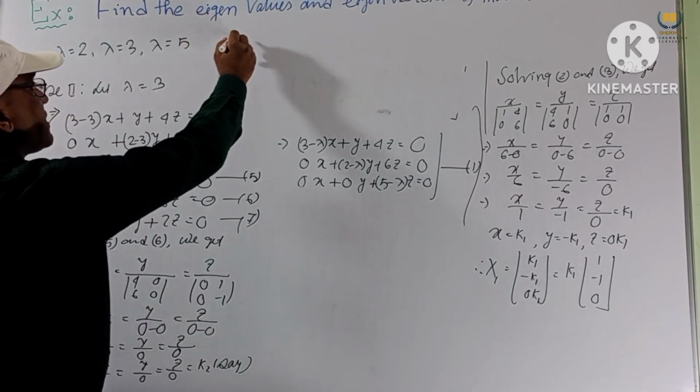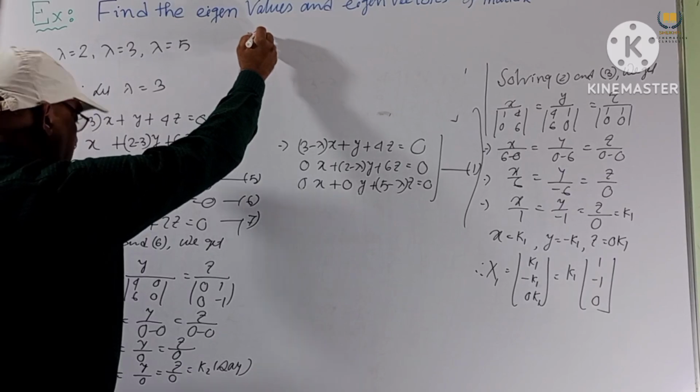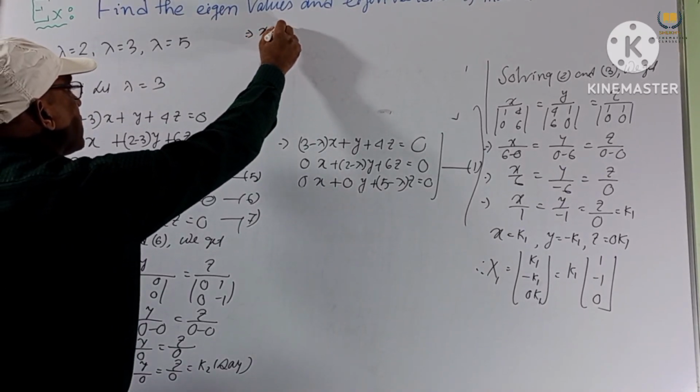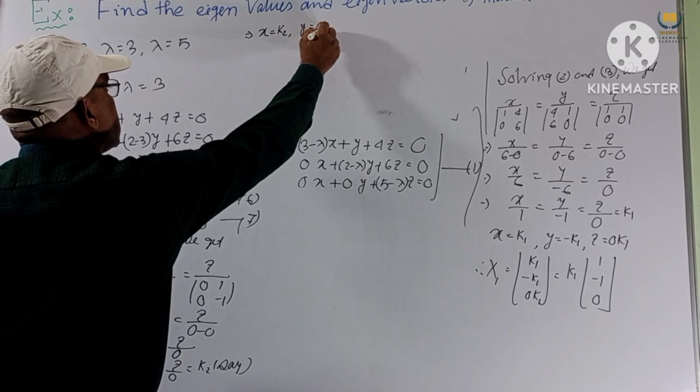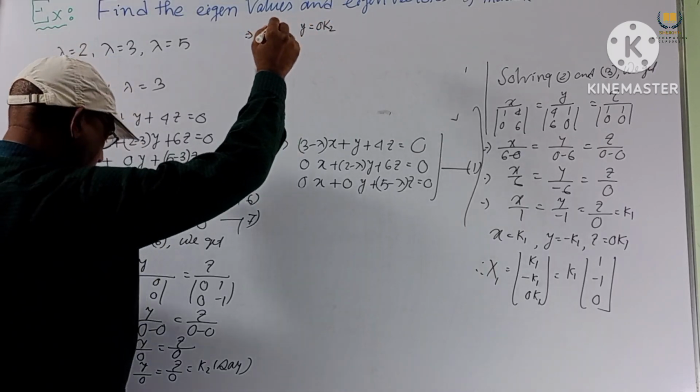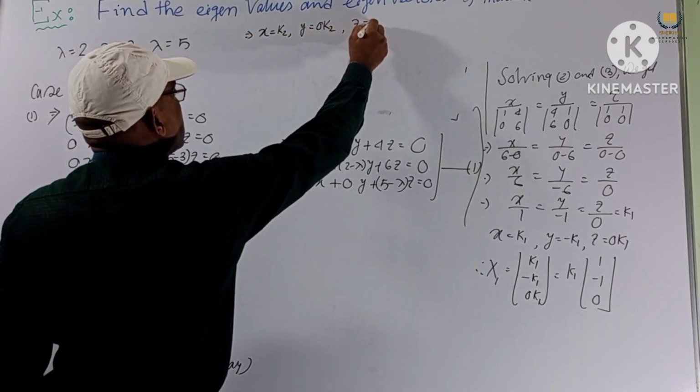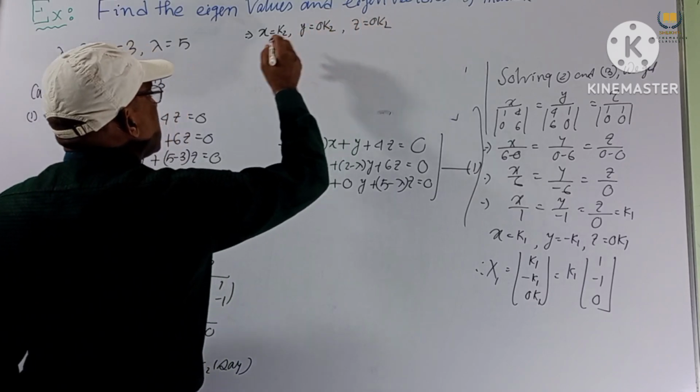So this implies x equal to k2, y equal to 0 k2 and z equal to 0 k2.